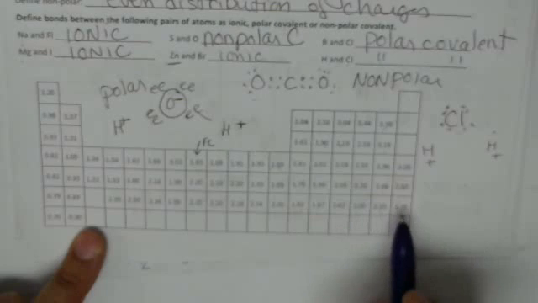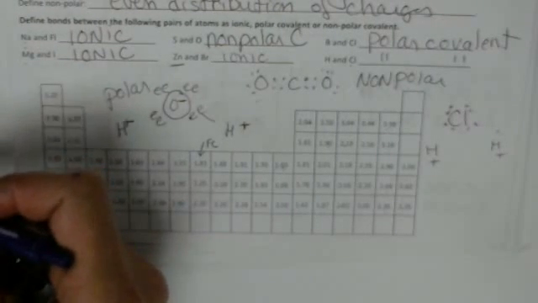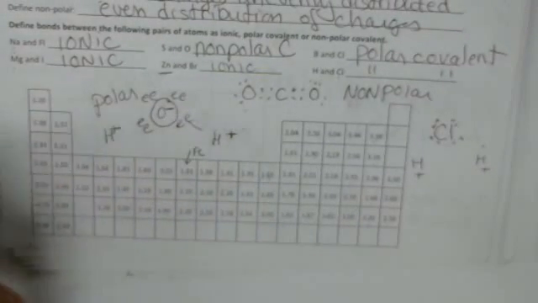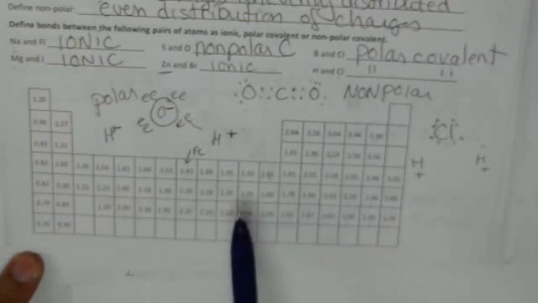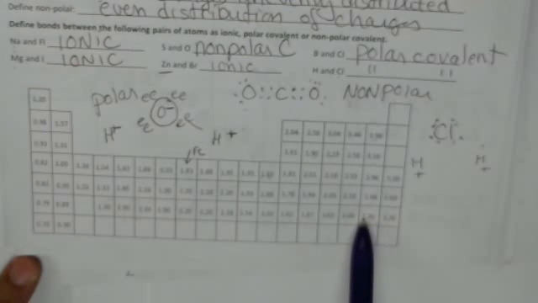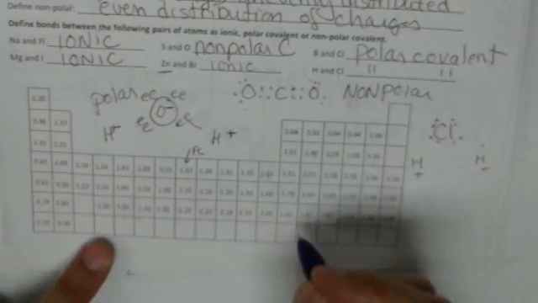It's down here from radon, in period 6. We'll just count across. So radon, astatine, polonium, bismuth, lead.